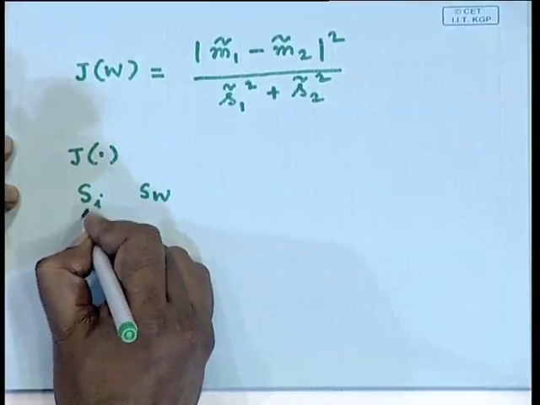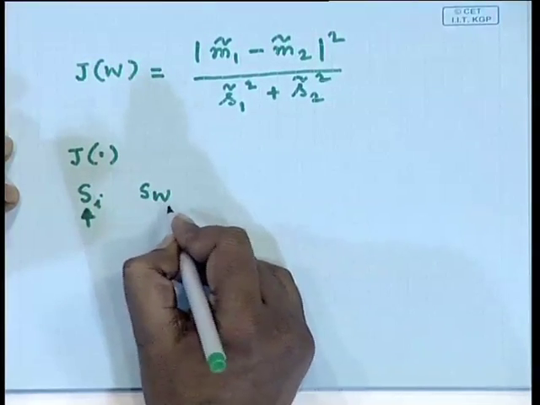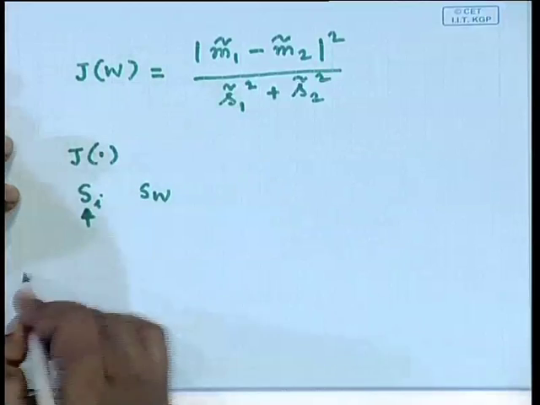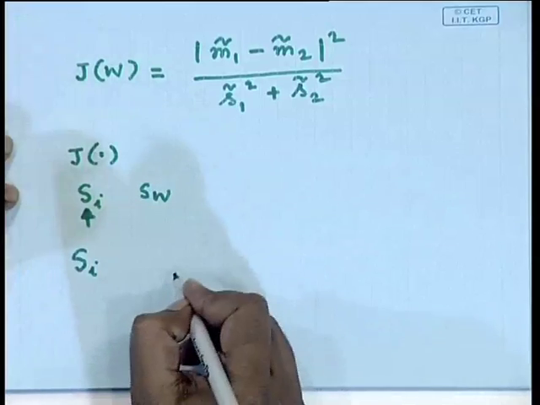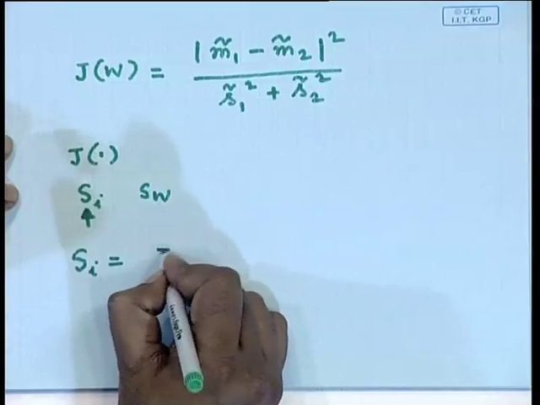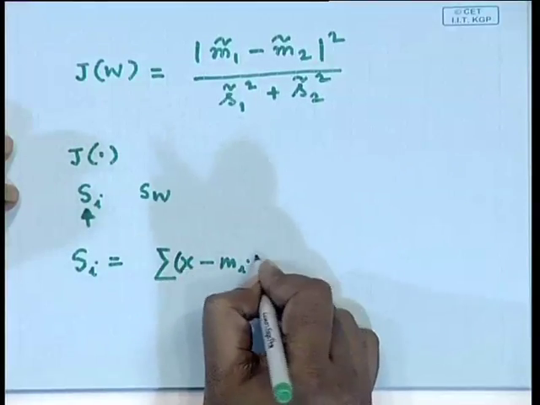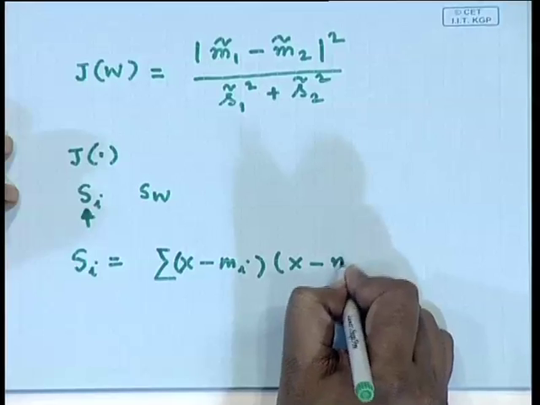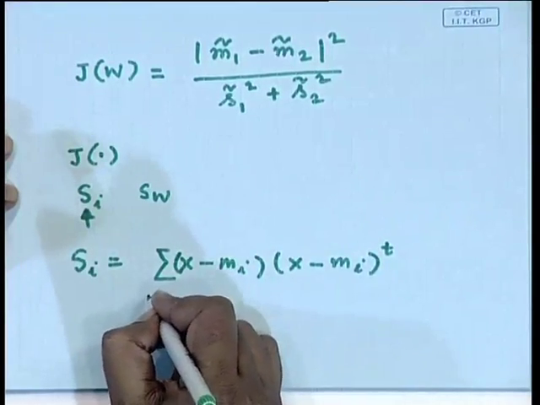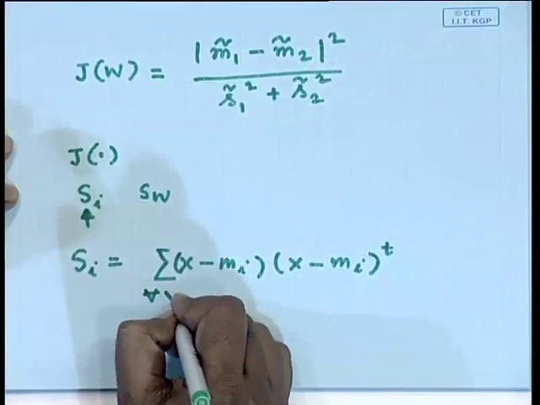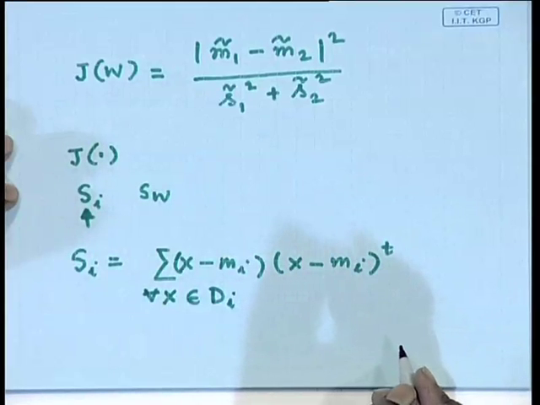I will say S_i is the scatter within the ith class and S_w is the total within class scatter, right. So, as before I can define S_i, that is the scatter of the samples within the ith class, which is nothing but the sum of (x minus m_i) into (x minus m_i) transpose, where I consider this summation over all x belonging to class D_i. Okay.